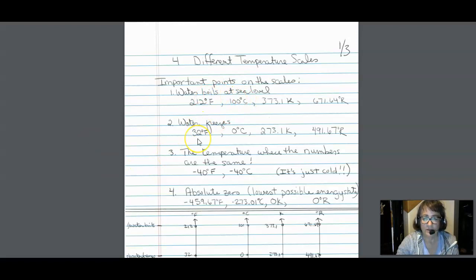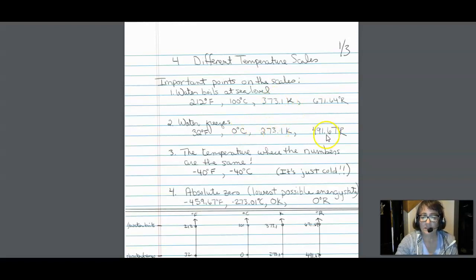Instead of having 32 being water freezing and 212 being water boiling, they divide it up into hundreds, so that water freezes at 0 degrees centigrade and boils at 100 degrees centigrade. The thing I wanted to point out is that 212 Fahrenheit and 100 centigrade are exactly the same temperature. Similarly, 32 degrees Fahrenheit and 0 degrees Celsius or centigrade are exactly the same temperature.